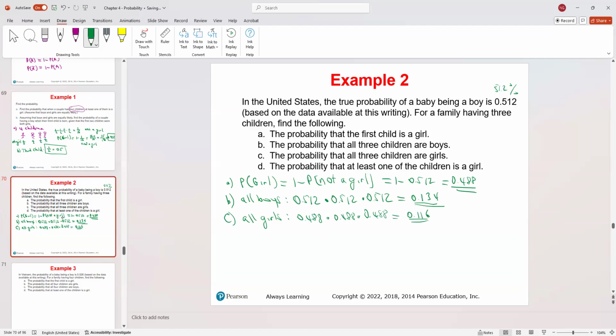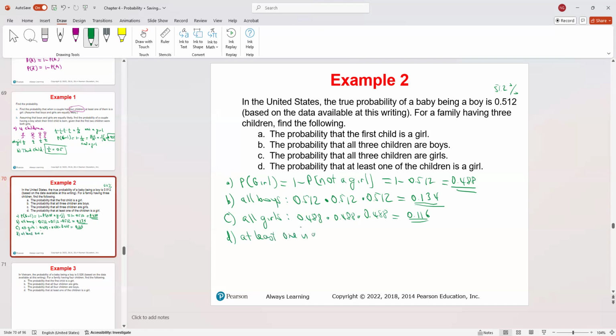Next question is the probability that at least one of the children is a girl. So at least one of them is a girl.